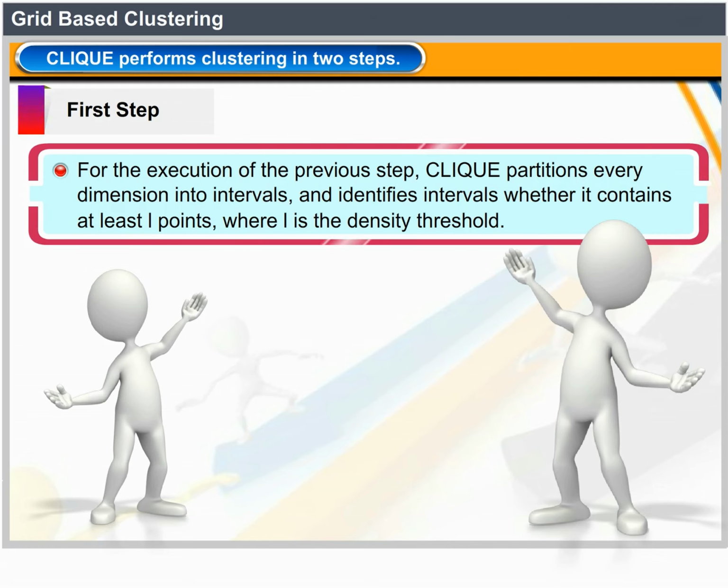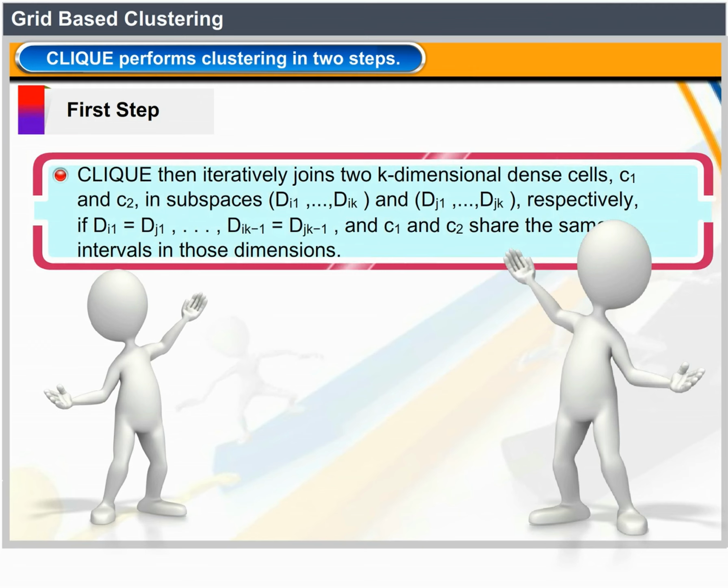CLIQUE then iteratively joins 2 k-dimensional dense cells, C1 and C2, in subspaces (Di1, ..., Dik) and (Dj1, ..., Djk) respectively, if Di1 equals Dj1, up to Dik-1 equals Djk-1, and C1 and C2 share the same intervals in those dimensions.